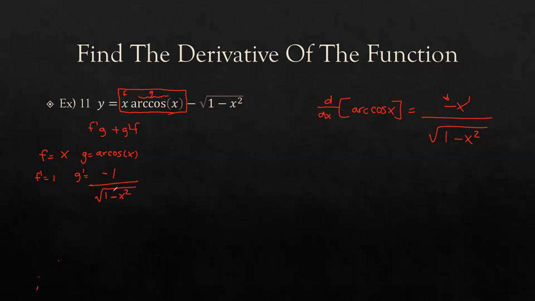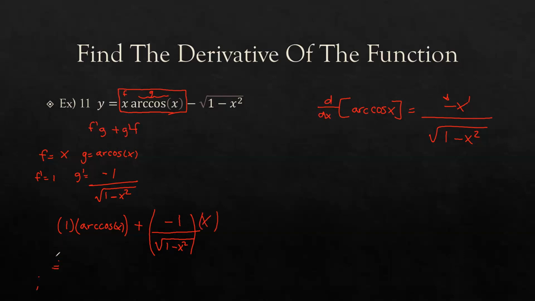Okay, so we're still on this part. Let's apply the product rule. F prime is 1 times g, which is arc cosine of x, plus g prime, which is negative 1 over square root of 1 minus x squared, times f, which is x.